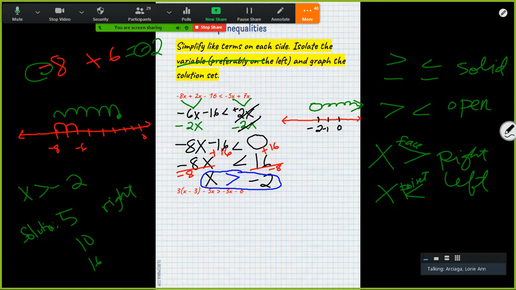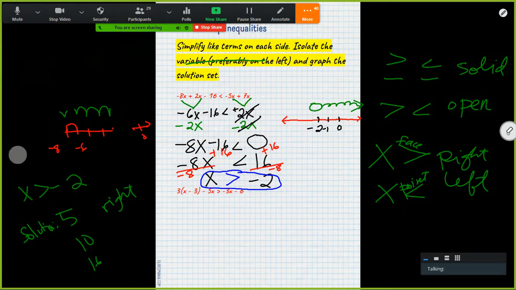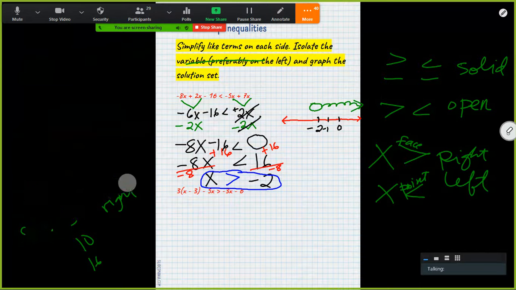Once you get an answer, can you type in the chat? Any answer you got for the second one?